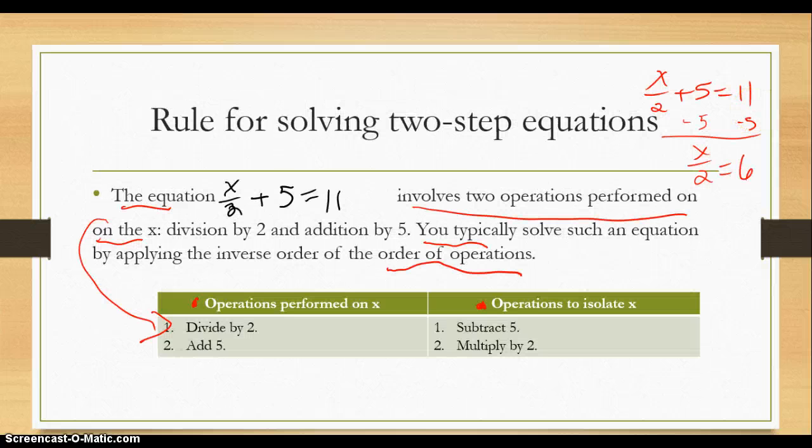So we subtracted 5 over, we have x divided by 2 equals 6. But we know to get rid of that 2, we're going to multiply both sides, and we get x equals 12.